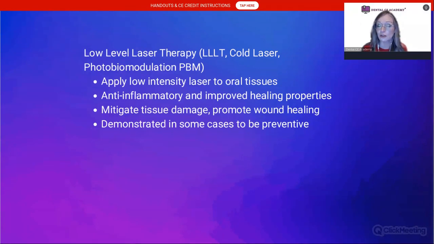And it's used as first line in other countries for oral mucositis: Europe, Brazil. The US hasn't quite caught on. So for you dentists out there who would like to reduce the incidence of dry socket postoperatively, especially in your smoking patients, and improve the quality of life for patients who may have lichen planus, certainly oral mucositis, definitely go to laserdentistry.org and find out more.